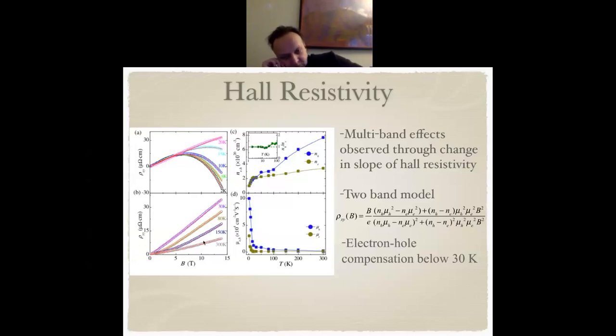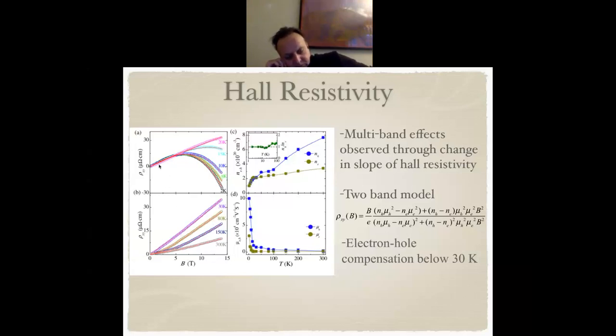So as you lower the temperature, the slope of this increases, but we still have holes. Oh, sorry. A positive slope means you have holes as the dominant carrier. A negative slope means you have electrons as the dominant carrier. So we have a positive slope through all the temperatures.